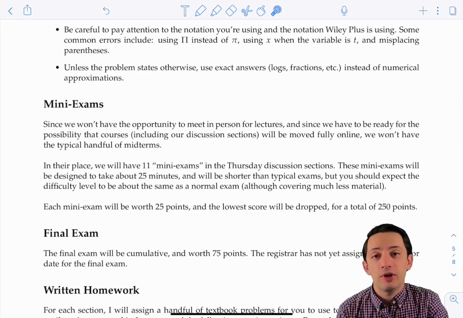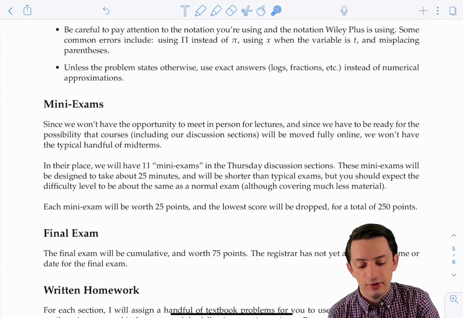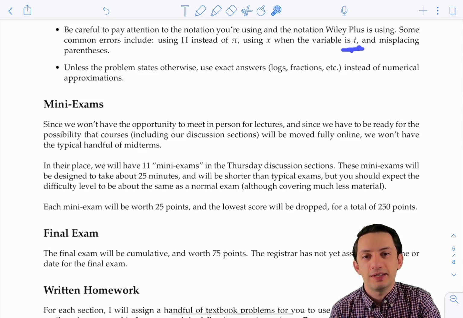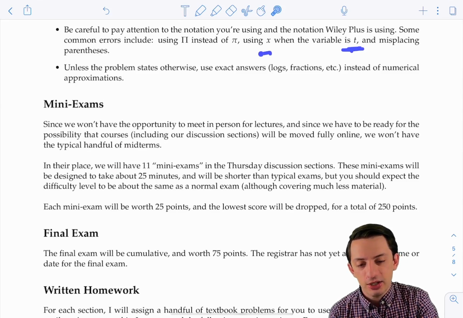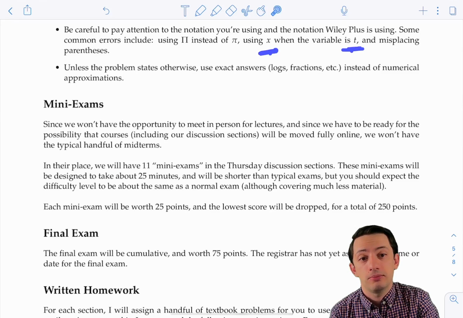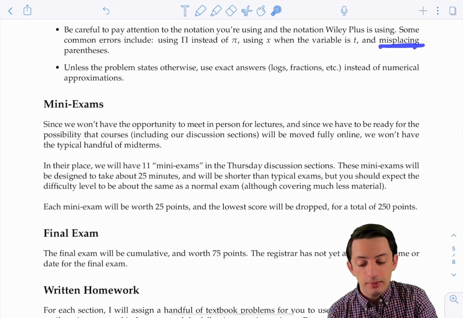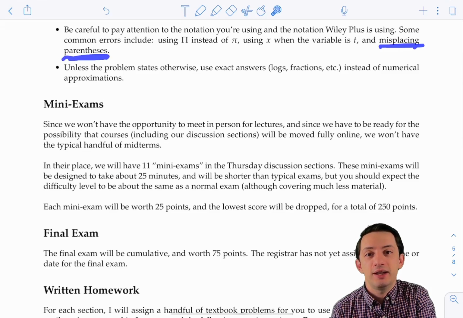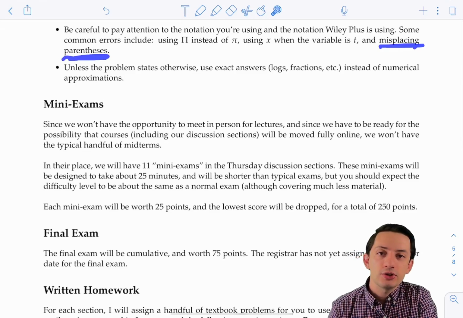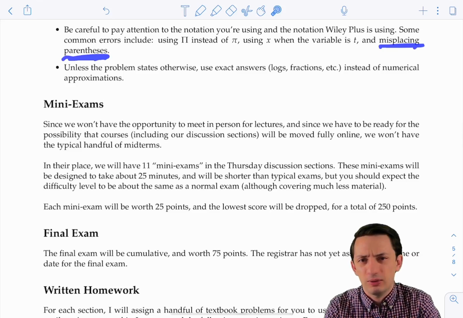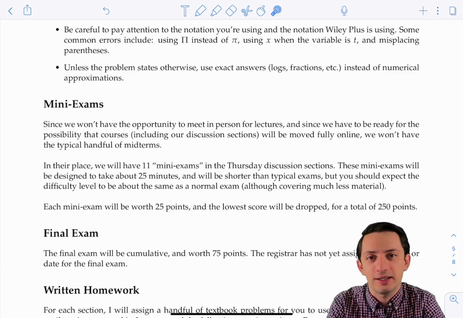Or, for example, if you have some function that uses the variable t, and you need to answer in the variable t, and instead you accidentally use the variable x, it might mark you wrong. So you need to make sure that you're matching the variables that they use. Or if you maybe misplace your parentheses by accident, and so your order of operations is wrong. These are all common errors that at first you might think, well, what do you mean? This is obviously correct. Why isn't it accepting it? But check those couple of things and you might figure it out.